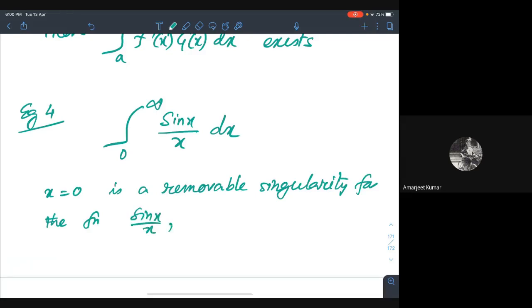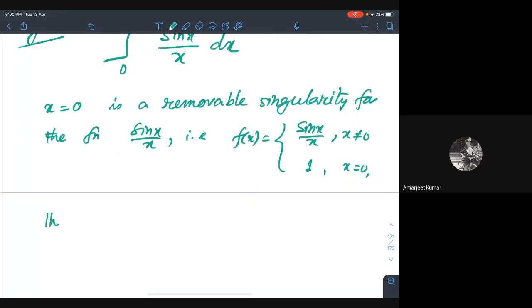That means if you define f(x) to be sin x by x when x is not equal to 0, and 1 when x equals 0, then f is continuous. Is this clear?